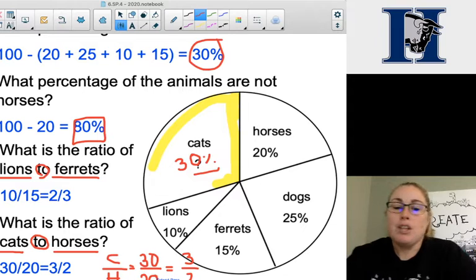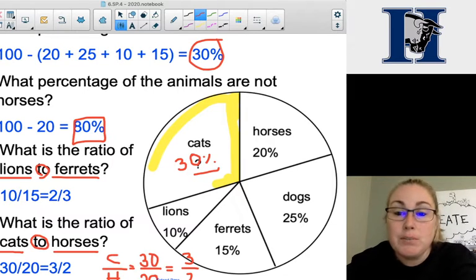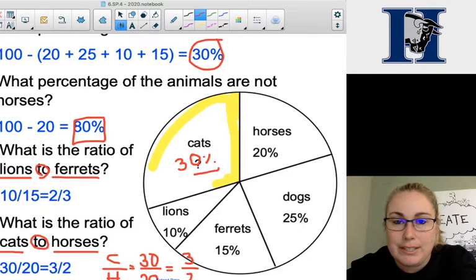Okay. When we are writing ratios, because we are comparing 2 different things, we are not going to make this an improper fraction. Because remember, we're saying that for every 3 cats, there are 2 horses. So translating that into an improper fraction would not give us that same information.